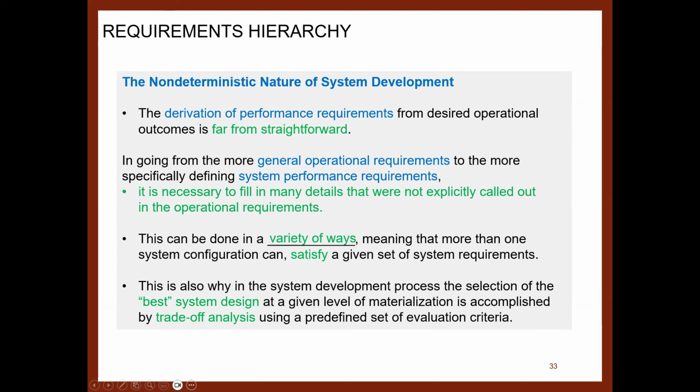This can be done in a variety of ways, meaning that more than one system configuration can satisfy a given set of system requirements. And that's what we want. We want to come up with different concepts that we can evaluate to choose the best.